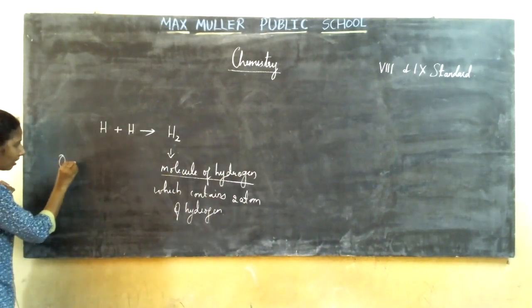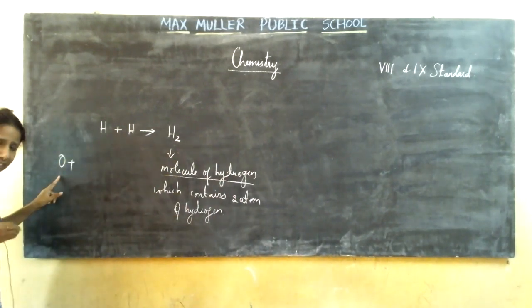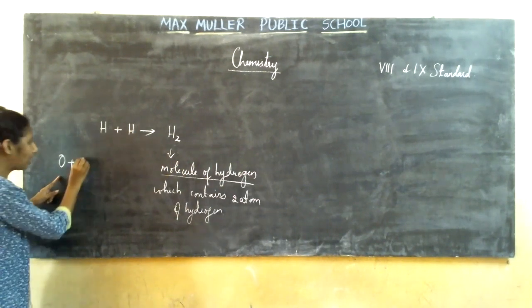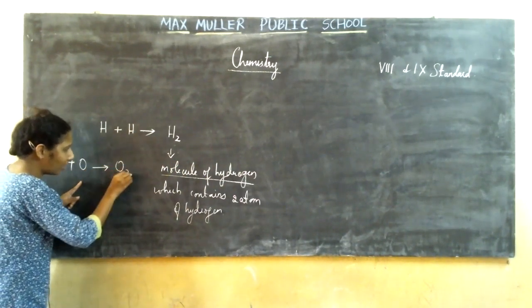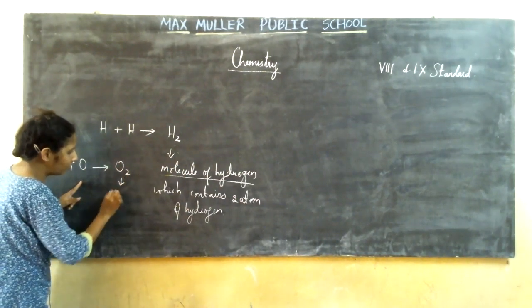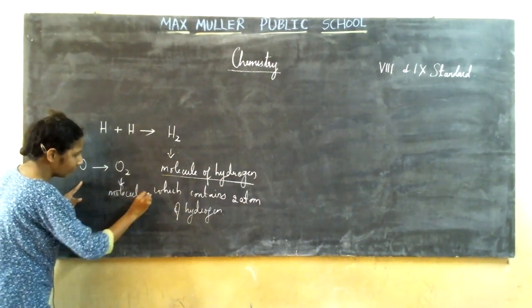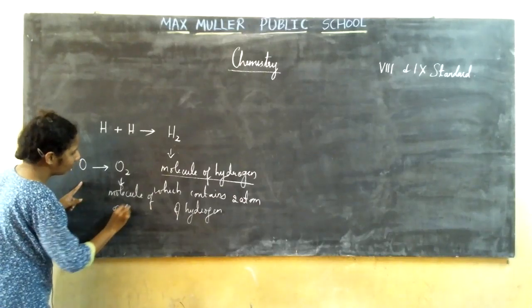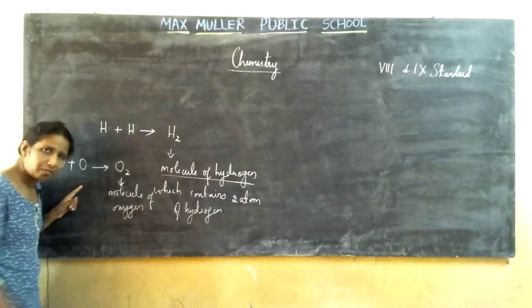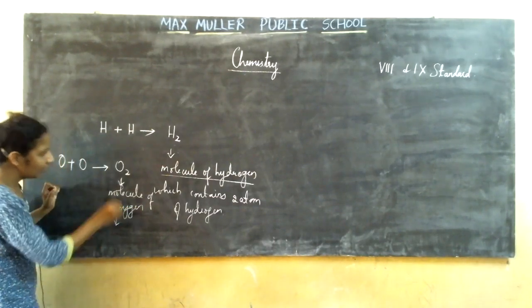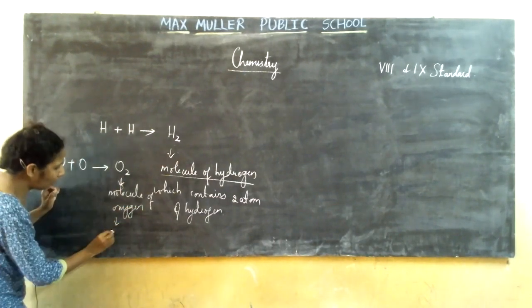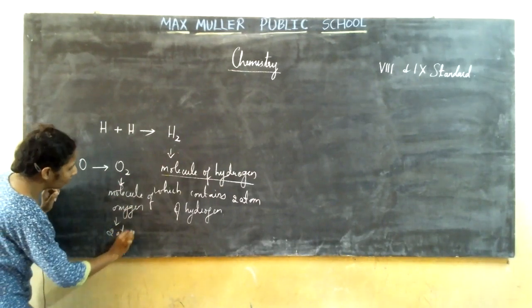Similarly, an oxygen atom does not exist on its own. So it combines with another oxygen atom to form a molecule of oxygen. Did you people understand? Which contains how many atoms of oxygen? 2 atoms of oxygen.